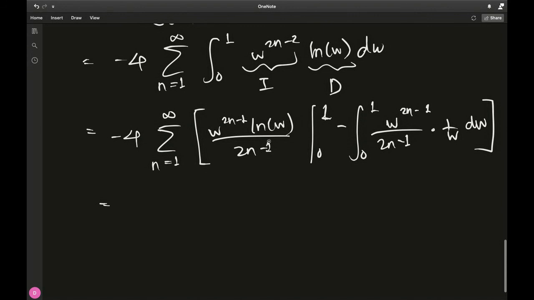So when you plug in 1, because of the natural log of 1 being 0, this goes to 0. Plugging in 0, you should ideally use L'Hopital's rule, but noticing that the polynomial is growing faster than the natural log, the entire thing will go to 0 again.